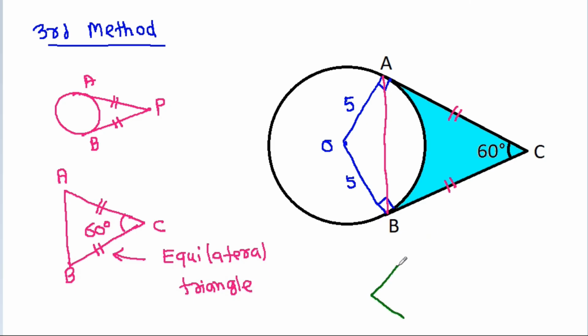And in triangle OBC, if we join OC, then these two angles will be 30 degrees, and this angle is 90 degrees, and OB is 5. So BC will be 5 times a square root of 3.